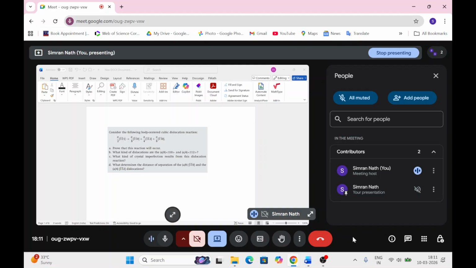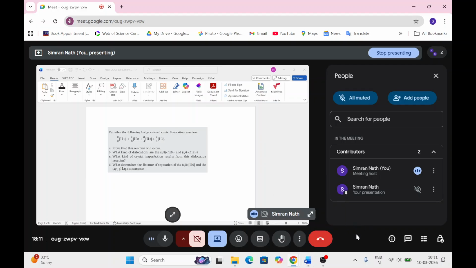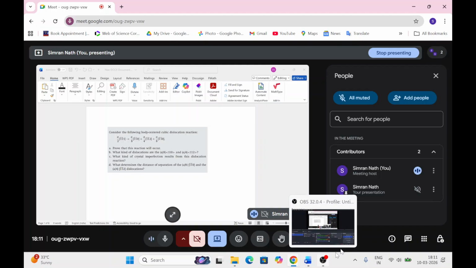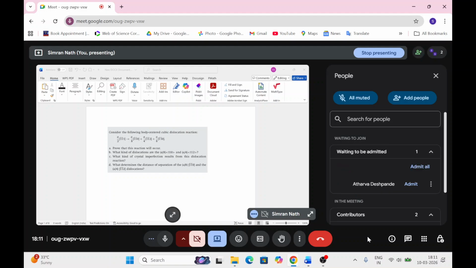And what determines the distance of separation of the a/8[-1-10] and the a/4[-1-12] dislocations? How do we check whether a reaction between dislocation Burgers vectors will happen or not? We check by energy consideration, and whether energy is reducing because of dissociation.